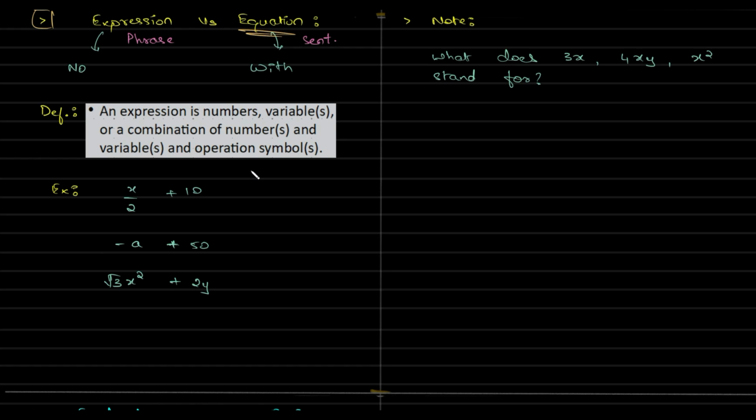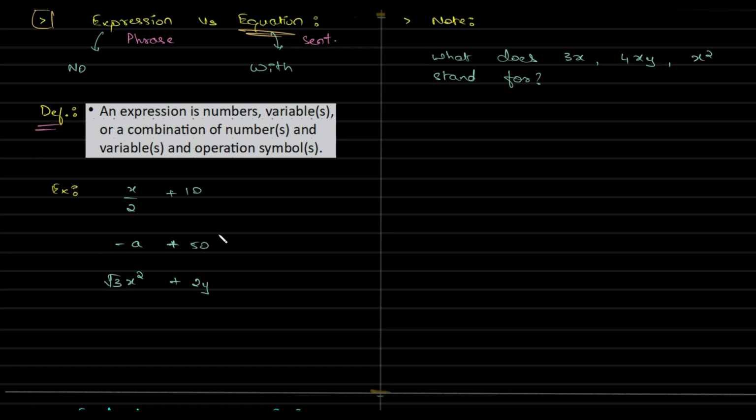So a phrase is similar to an expression, or if I want to put it the other way around, an expression is similar to a phrase. Make sense? And an equation is similar to a sentence. Well, if this didn't make sense, I'll make sure that you understand this. So let us define expression. An expression is a number or numbers, variable or variables, or a combination of numbers and variables, and an operating symbol.